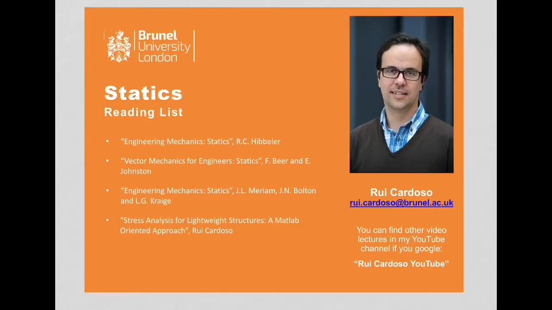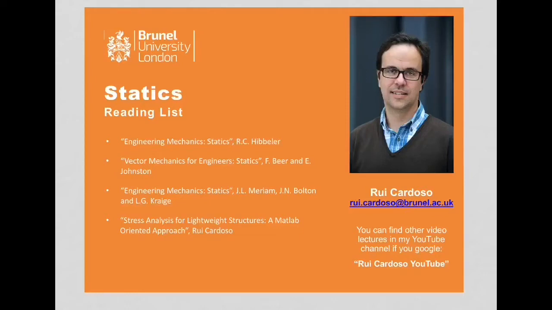I would like also to say that all the examples I will be doing in these lectures and tutorials, not all of them, but many of them, were taken from these recommended books I have listed here in this slide. So Engineering Mechanics Statics from Hibbeler, or Vector Mechanics for Engineers, Statics from Beer and Johnson, Engineering Mechanics Statics from Meriam, Bolton and Craig, and also my own book, Stress Analysis for Lightweight Structures, a MATLAB-oriented approach.